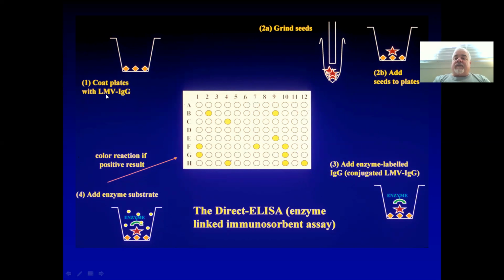And the lettuce mosaic virus immunoglobulin G will bind with the proteins if lettuce mosaic virus is present in the sample. And if the lettuce mosaic virus binds to this, there is a change in the structure that starts to reflect light differently.